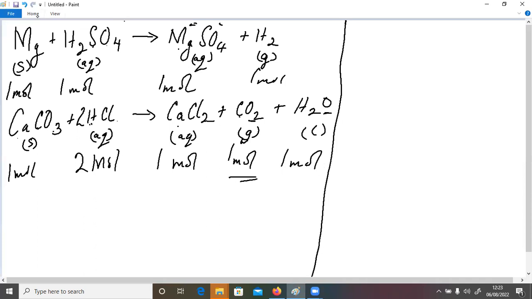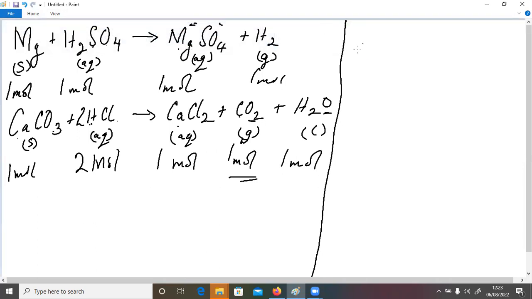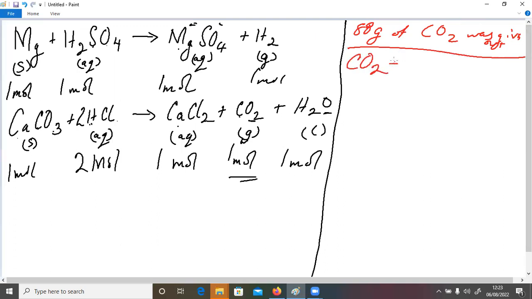I'm trying to pick a different pen, a red pen. Okay, so we are saying 88 grams of CO2 was given out. So I need first of all to find out the moles contained in 88 grams, because I'm working with mole ratios here.